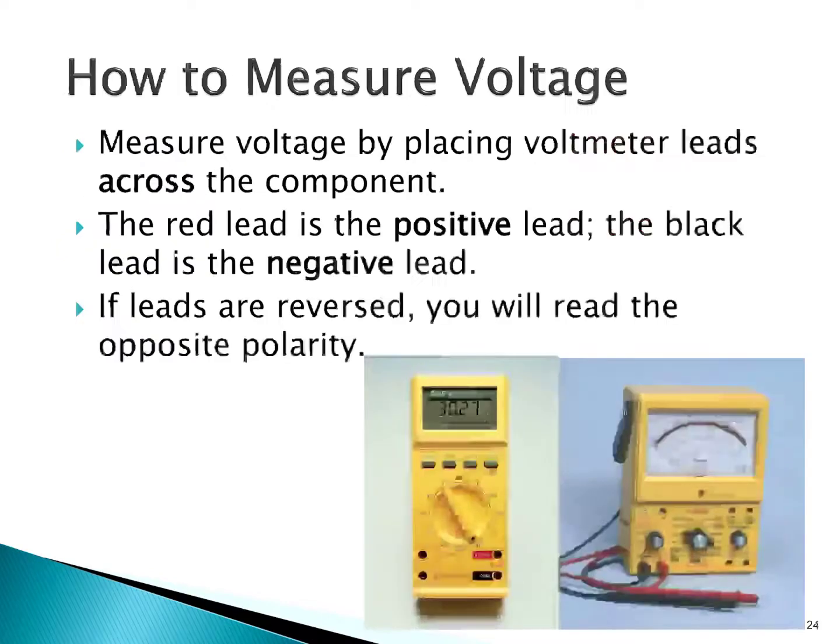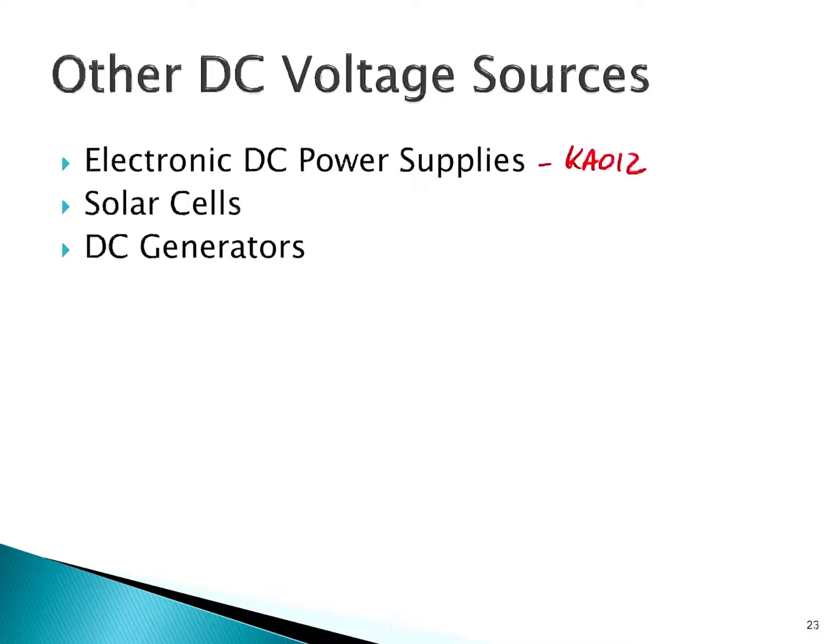So whenever we are using solar panels to power AC devices, it has to include something called an inverter to change the solar panel's DC voltage to an AC voltage for us to power our normal household loads. So we have solar cells and then DC generators.